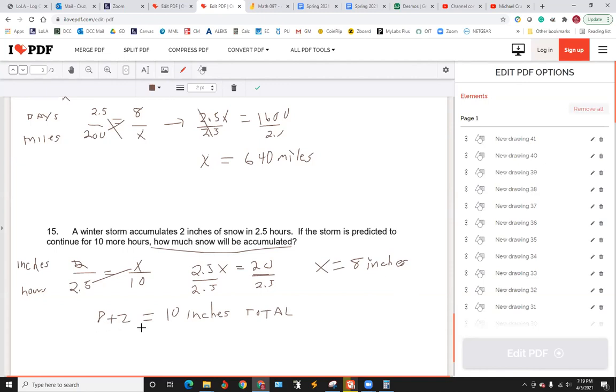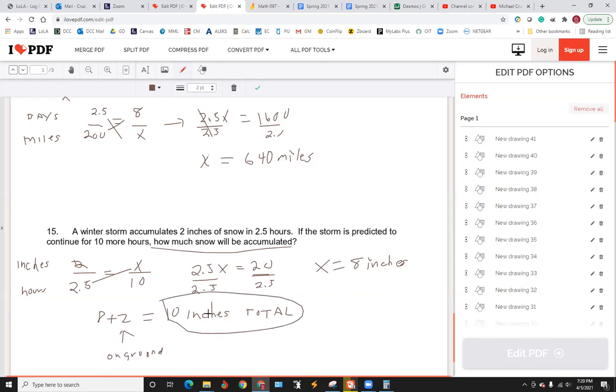So 8 inches plus on ground, the 2 inches. So when it's all said and done, after the 10 hours, there should be 10 inches total on the ground. That makes sense?